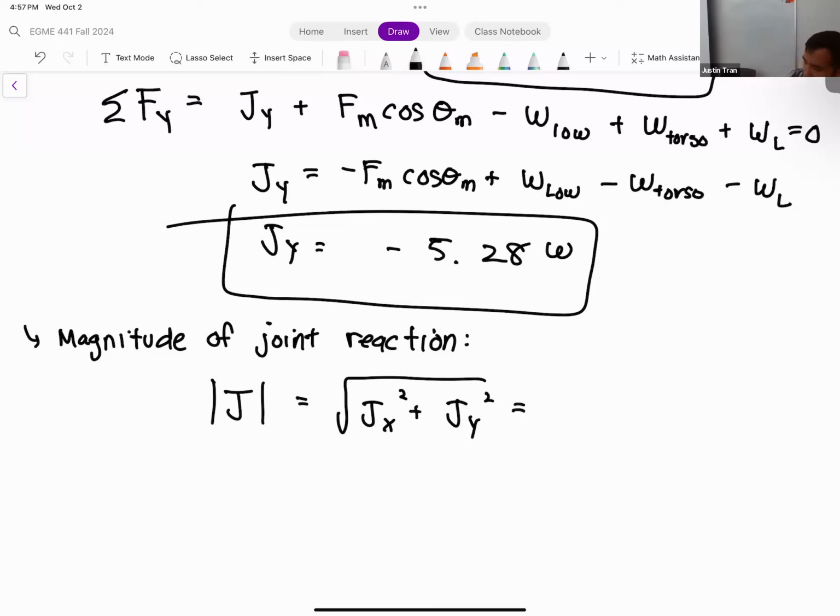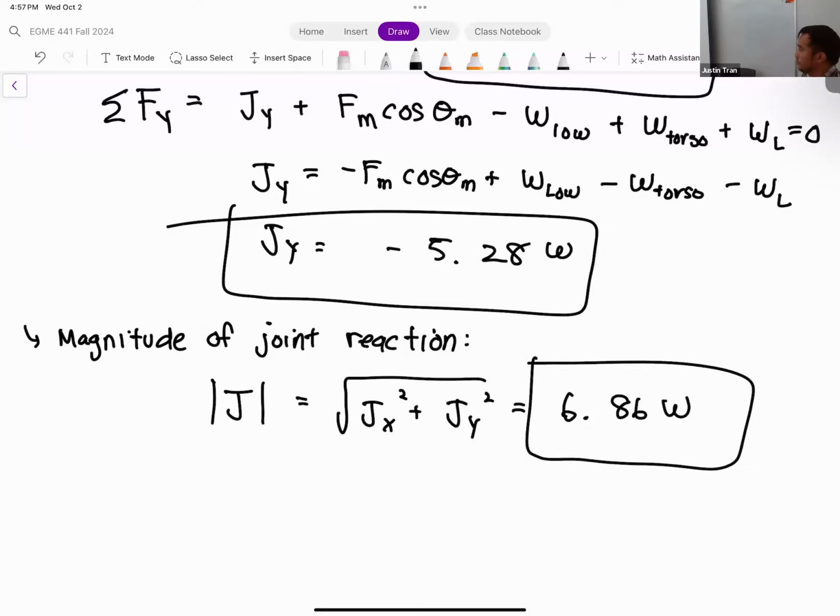Just taking the magnitude of those vector components. And what we get from this is 6.86 W. Right, so you can see that's a massive amount of force being placed on your vertebrate bones.